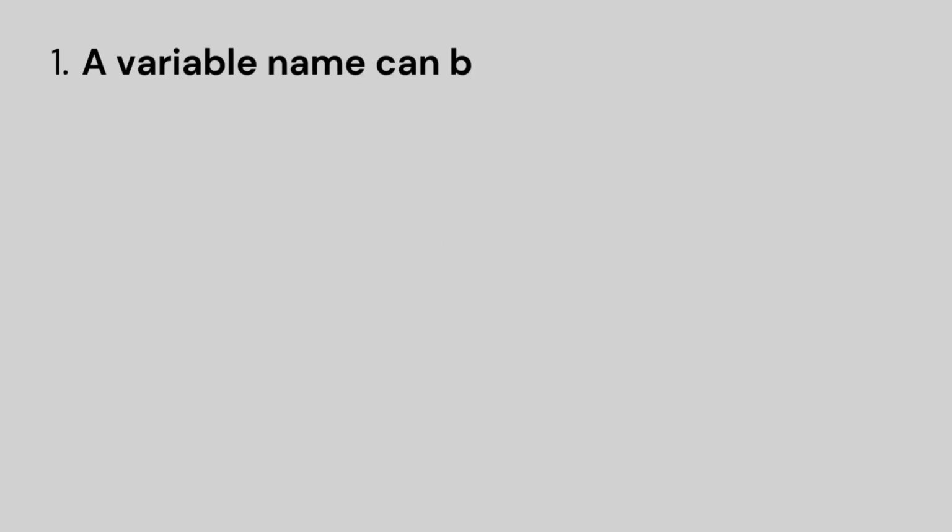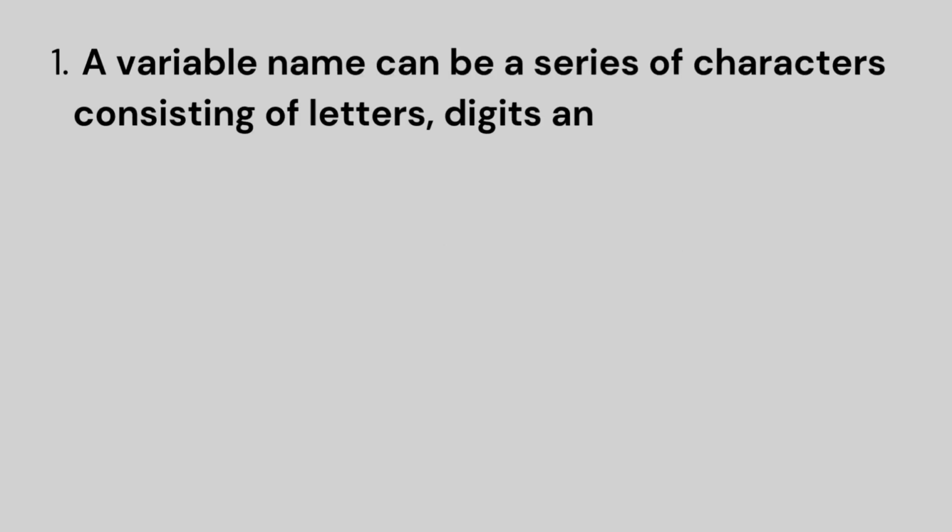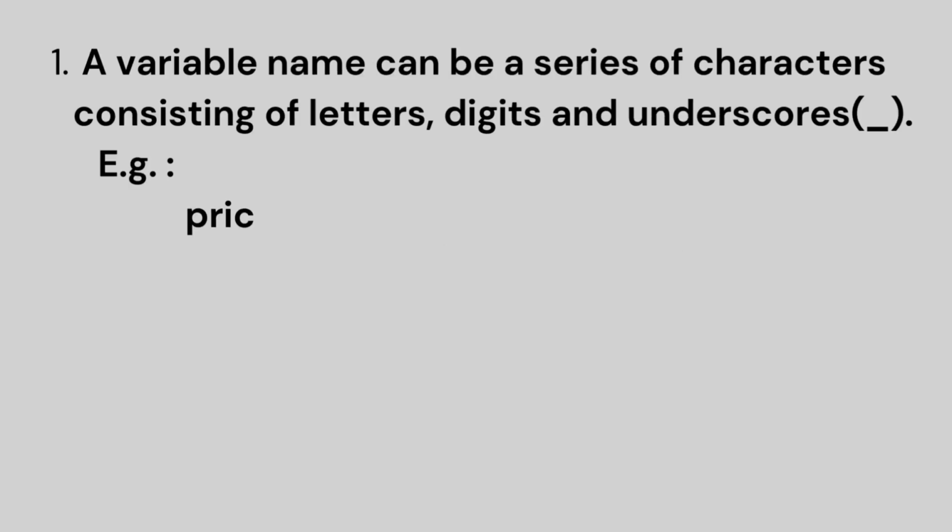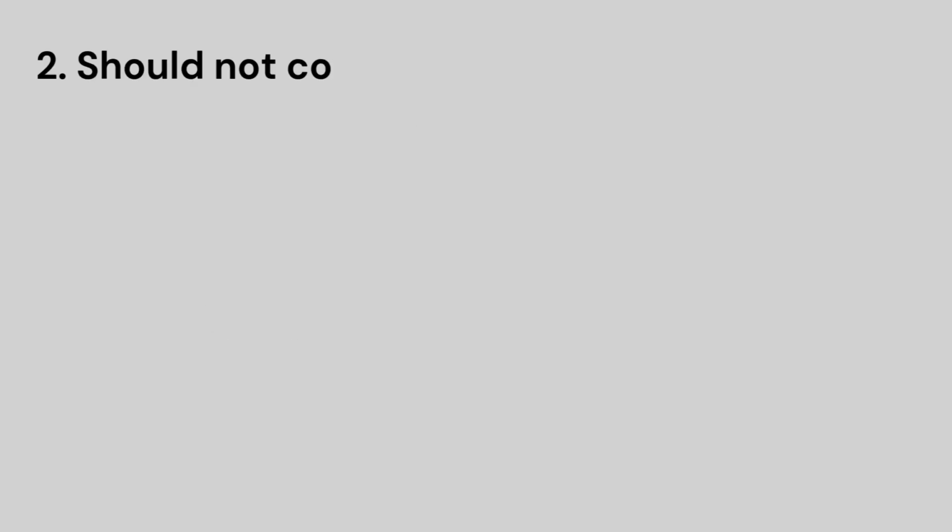But there is a small issue when declaring a variable. We can't use any word as the name of a variable. There are some rules to be considered. A variable name can be a series of characters consisting of letters, digits, and underscores. Should not contain any special characters.